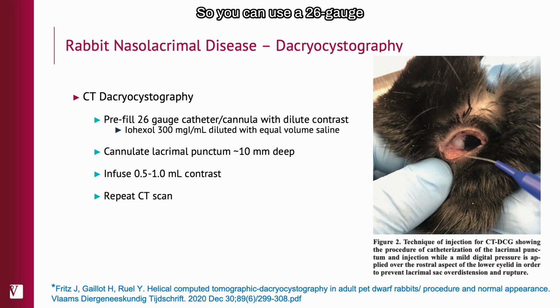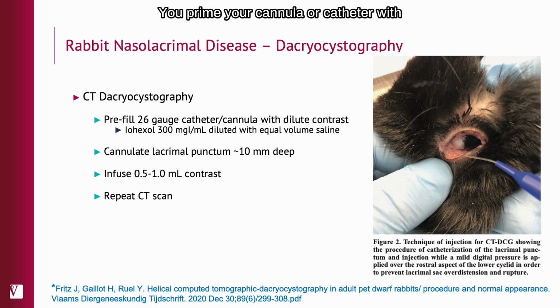So you can use a 26 gauge catheter or cannula and use some diluted contrast. It depends on the concentration of the contrast agent you use. But in this study, they described using 300 milligrams of iodine iohexol and then diluting that with an equal volume of saline.